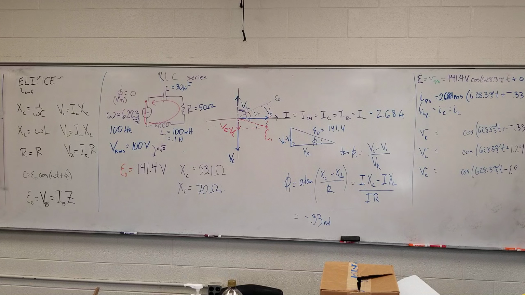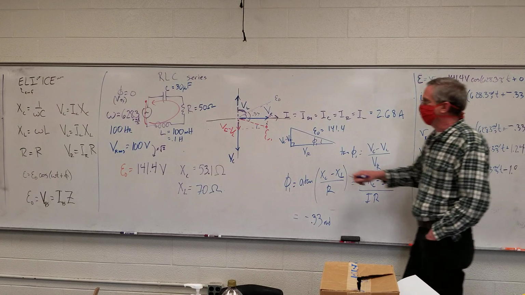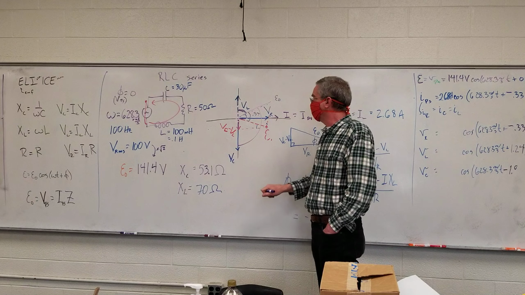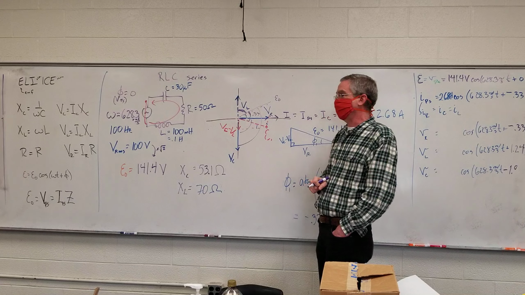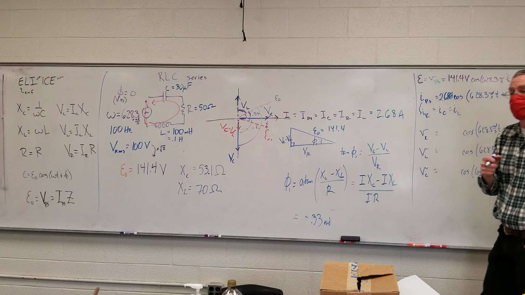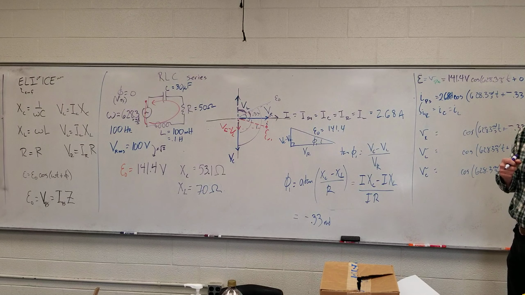Negative 0.33 minus pi over 2, because we're looking to find that angle right there. So we've got the 0.33 plus an additional 90 degrees, or pi over 2 radians. I got 0.91.